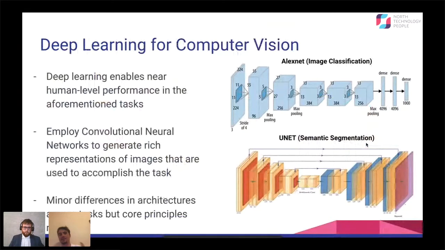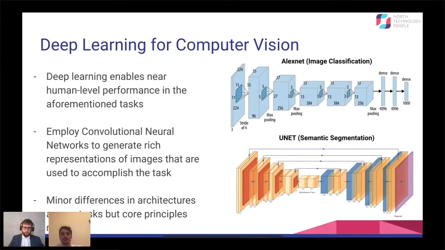So like I said, I'm going to be focusing on deep learning for computer vision. Hopefully you've encountered deep learning in some sense before, but I'll try to keep it as high level as possible and not get bogged down in the technical details. But all in all, deep learning has enabled near human level performance in the aforementioned tasks.